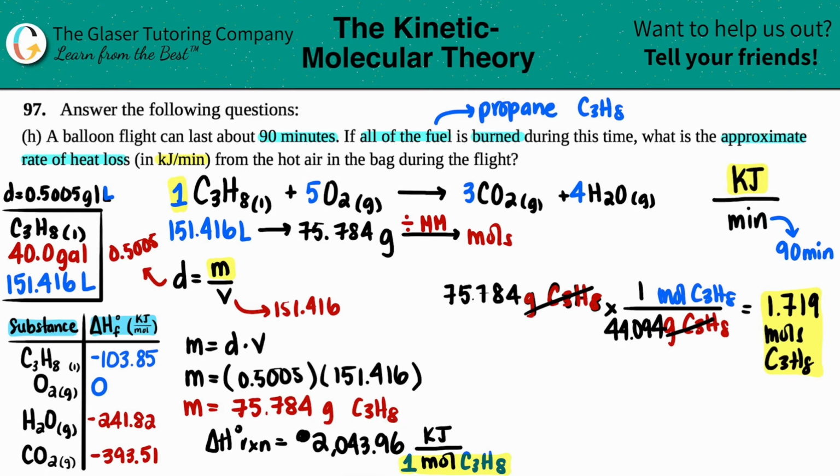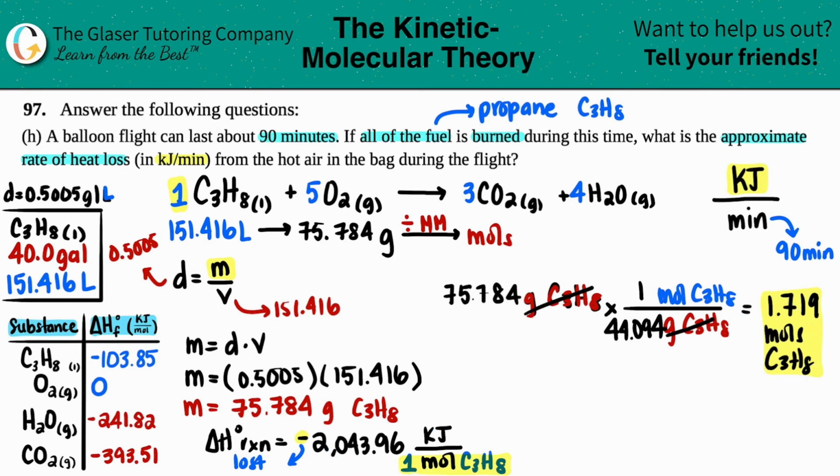Forget the negative, just look at this number. It would be more than 2,000. Remember, the negative just means that the heat was lost. It does not specifically say that you have a negative amount of heat. This just means that it was lost to the surroundings. So you're releasing it. So now all we've got to do is bring these two together.